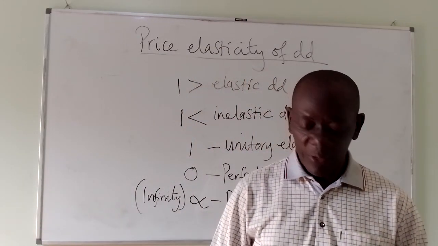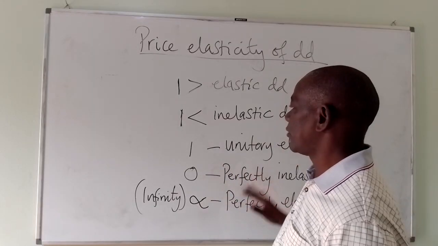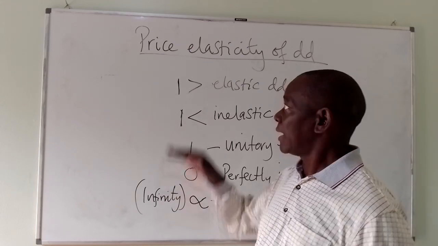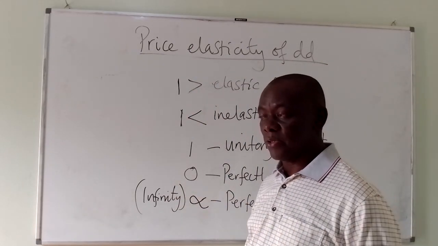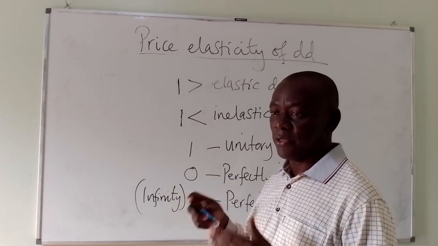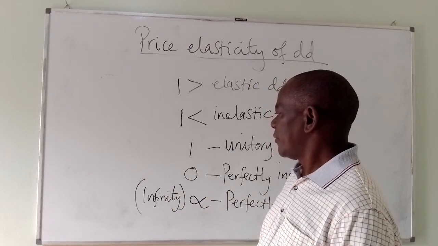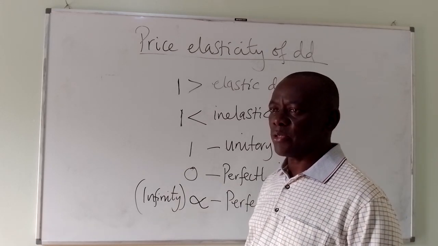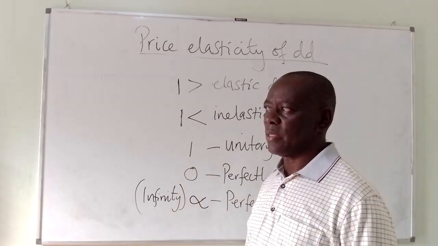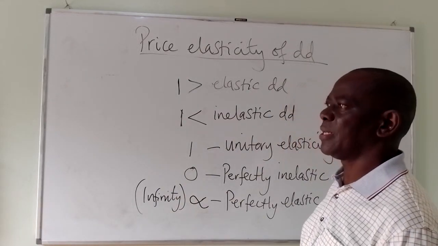So it is very important to know these calculations with elasticity, price elasticity of demand. We begin with the definition. We have known what the definition is. Then we have known that there are calculations. Then the calculations will give us the conclusions. And the conclusions, we put them in our English.